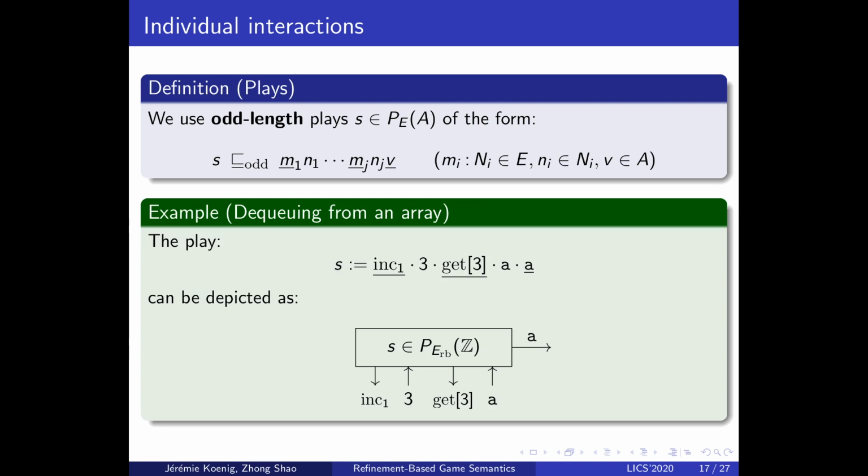As an example, I've shown one possible scenario where an element is dequeued from an array. We increment the first counter, find that its original value was 3, and then access the array to query the value at position 3 and return the answer.